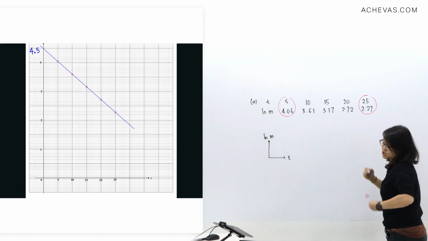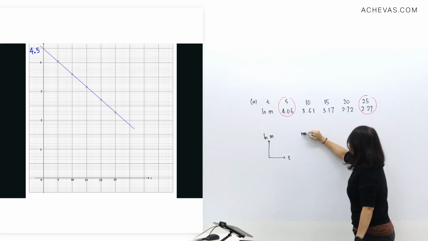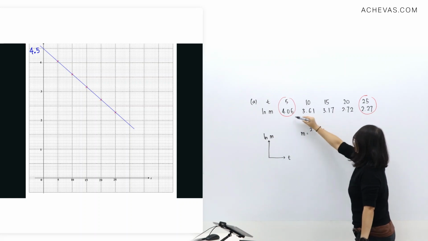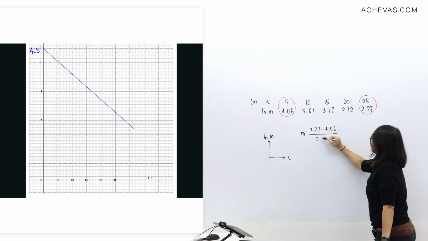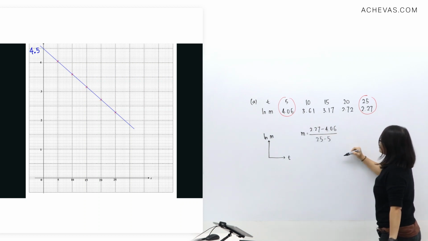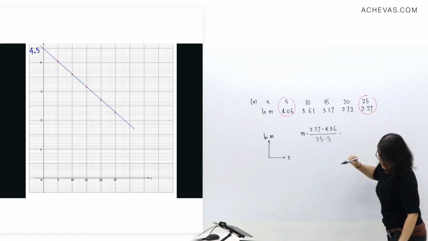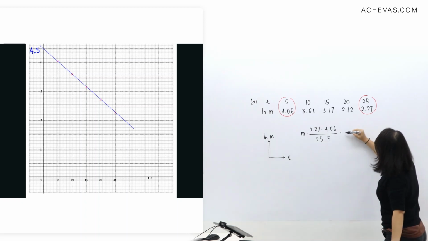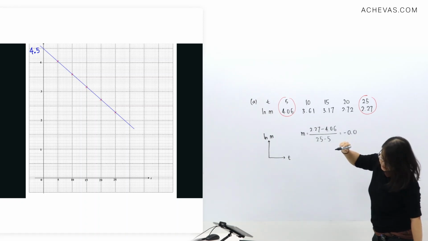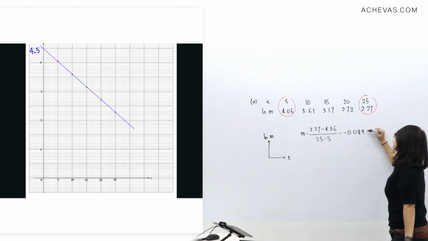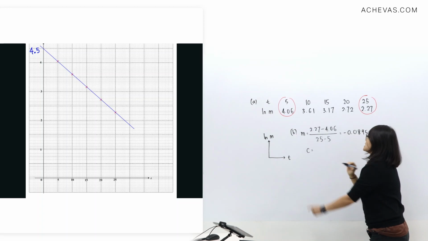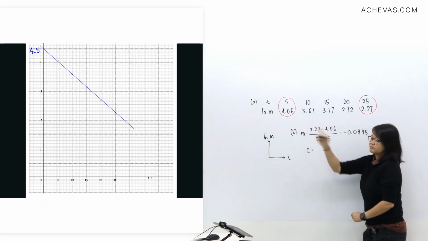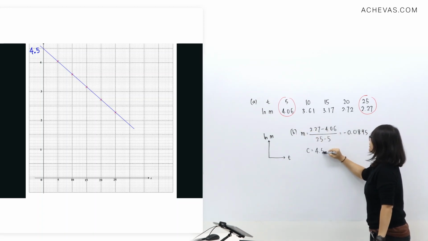Let's write down the information here. So I'm going to write gradient equals to, I'm going to calculate 2.27 minus 4.06 divided by 25 minus 5. So this answer here, I'll be getting a negative 0.0895. So this is part B. And for C, which is the vertical intercept from the graph, I'm going to write down 4.5.